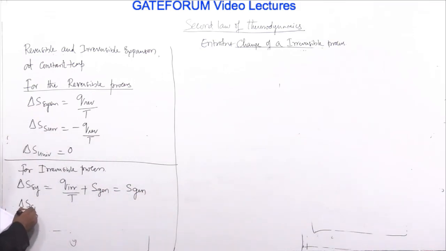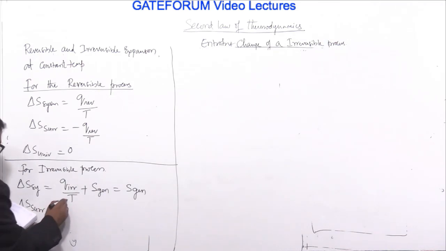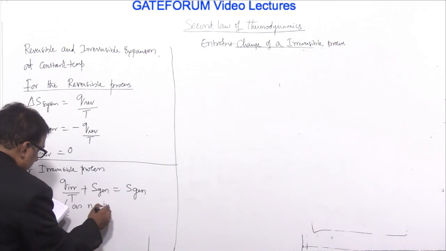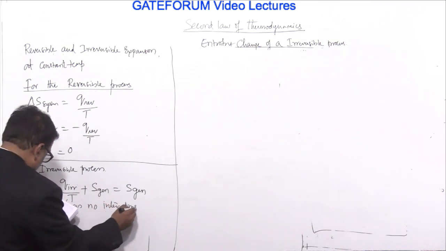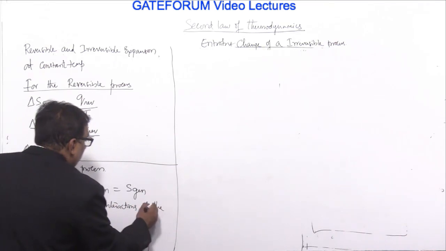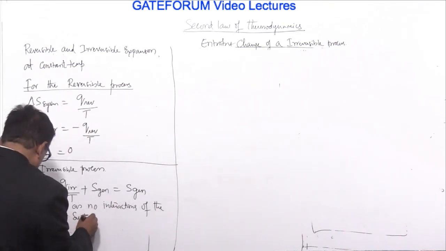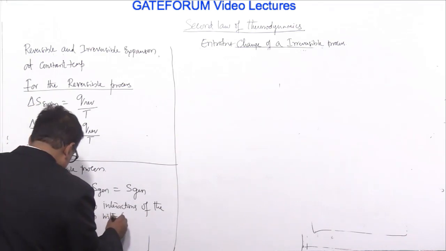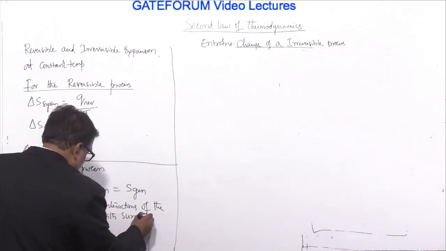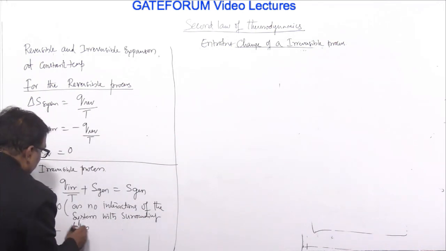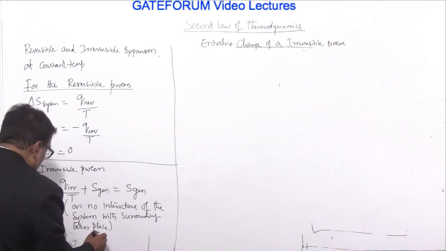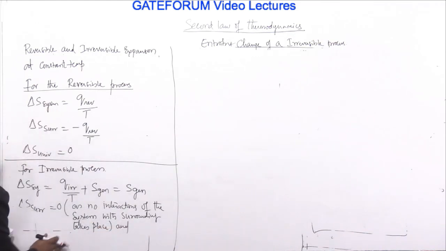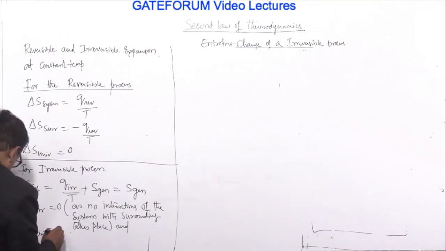Delta S surroundings is equal to 0. Why? Because no interactions of the system with surroundings take place, and delta S universe is equal to S generation.